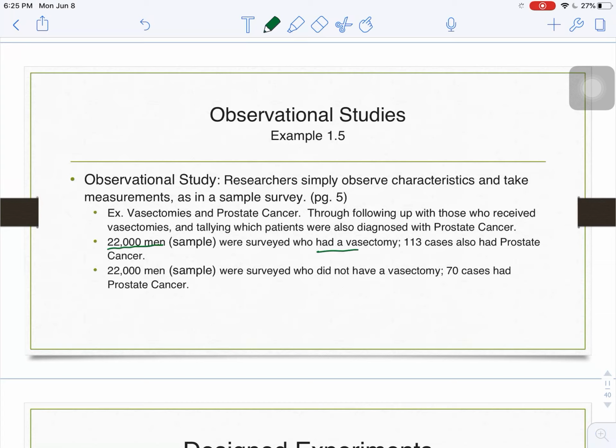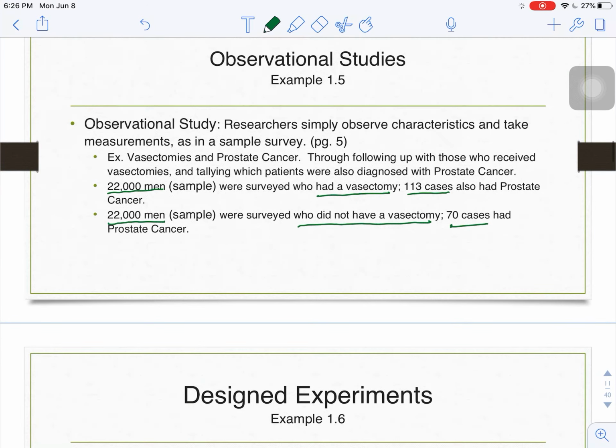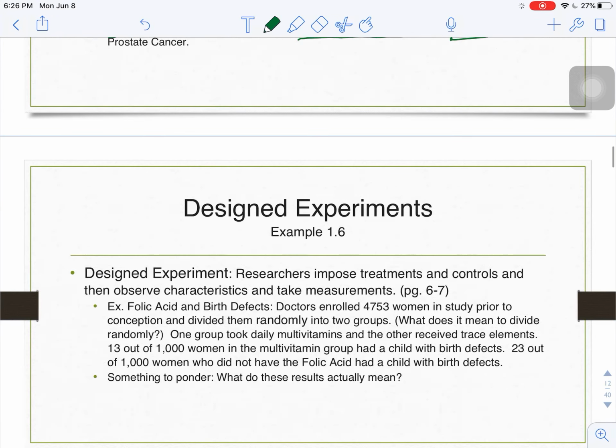Of 22,000 men who had a vasectomy, there were 113 cases of prostate cancer. Then we also have the 22,000 men who did not have a vasectomy. Only 70 cases had prostate cancer. So the question here would be, does getting a vasectomy actually cause prostate cancer or not?